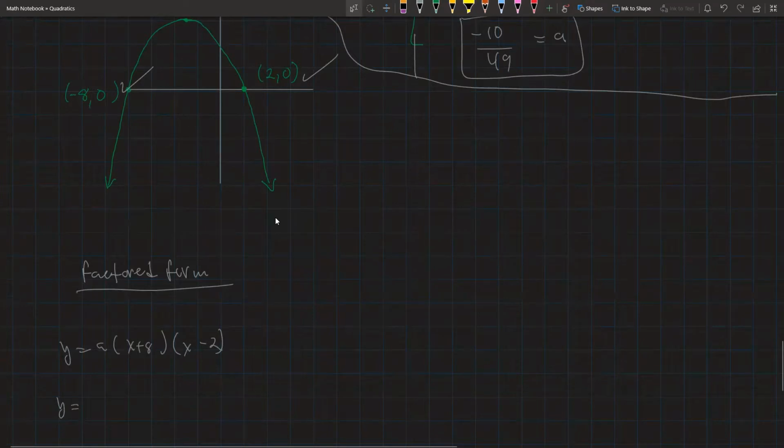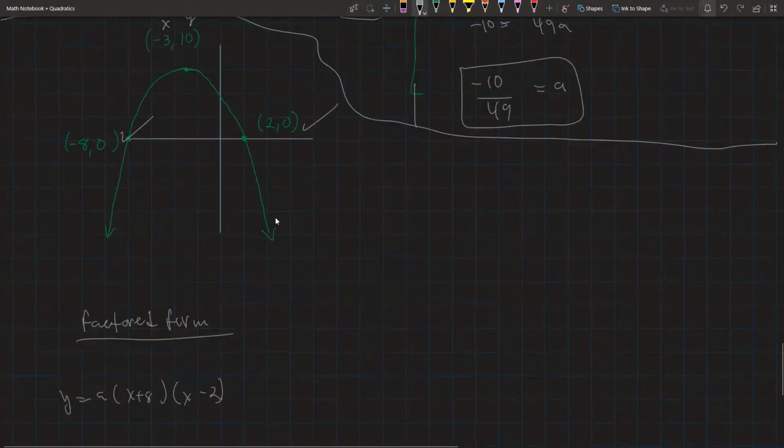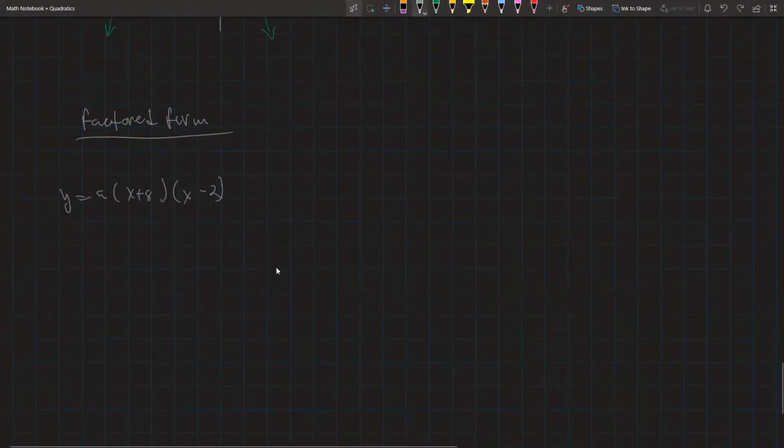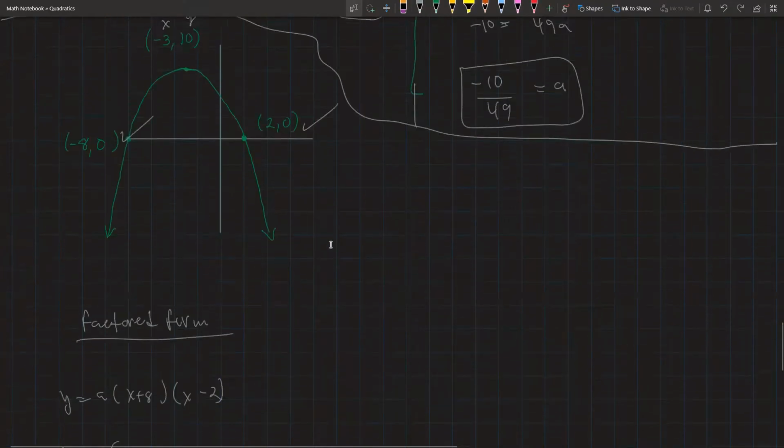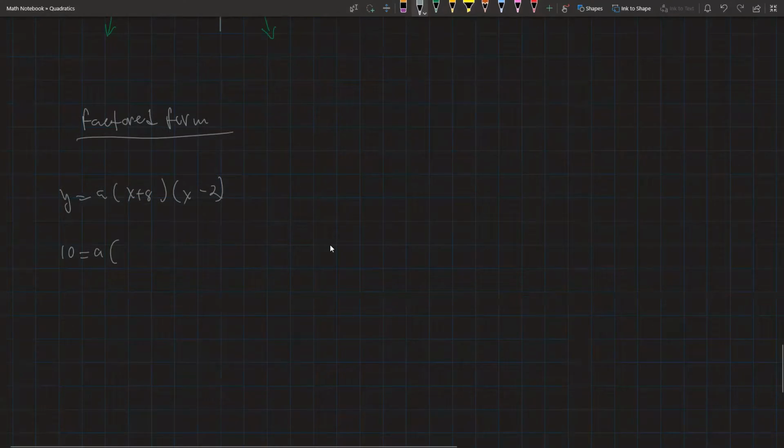So y equals, oops, sorry, let's redo that. Now y equals, we said 10. 10 equals a times, and we said that x was negative 3. So negative 3 plus 8, and then negative 3 minus 2. So we know that 10 equals a times negative 3 plus 8 is 5, negative 3 minus 2 is negative 5.